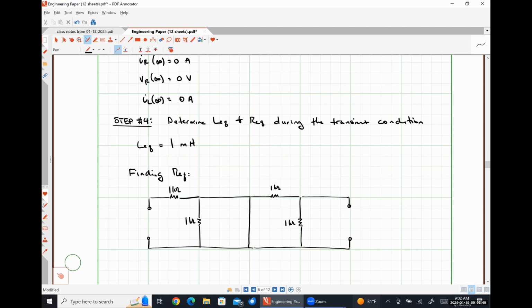My current source being turned off looks like an open circuit.